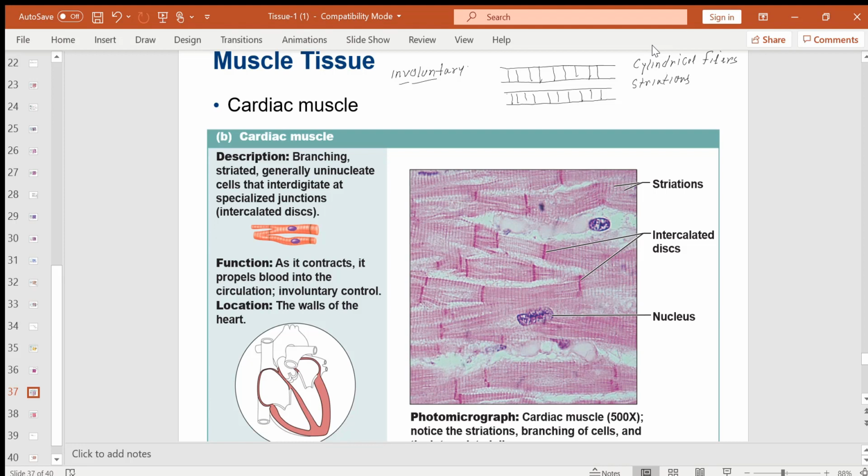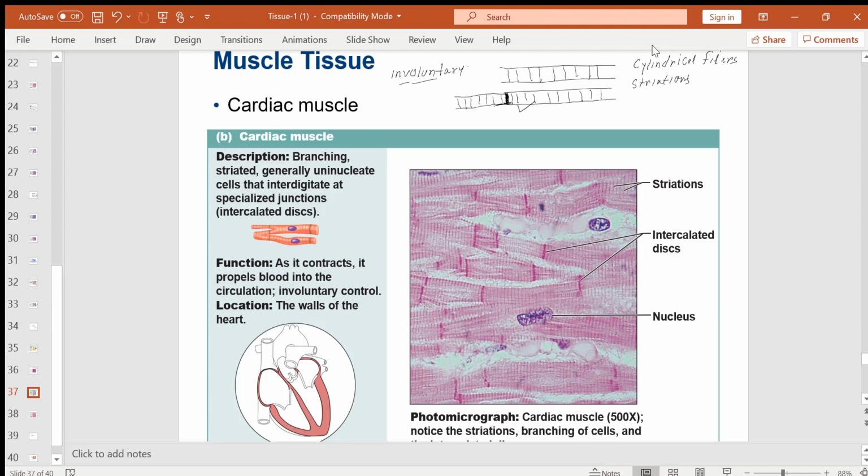One is very important: in between the fibers. So this is one fiber here, and this is another fiber. Where two fibers are attached to each other, you have thick bands.